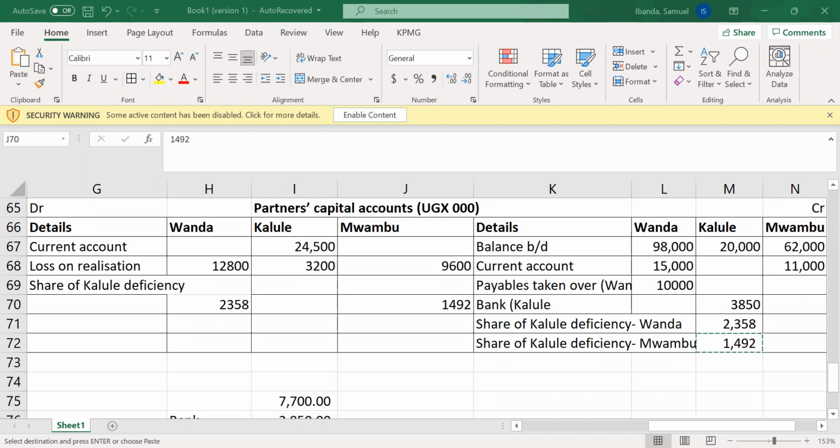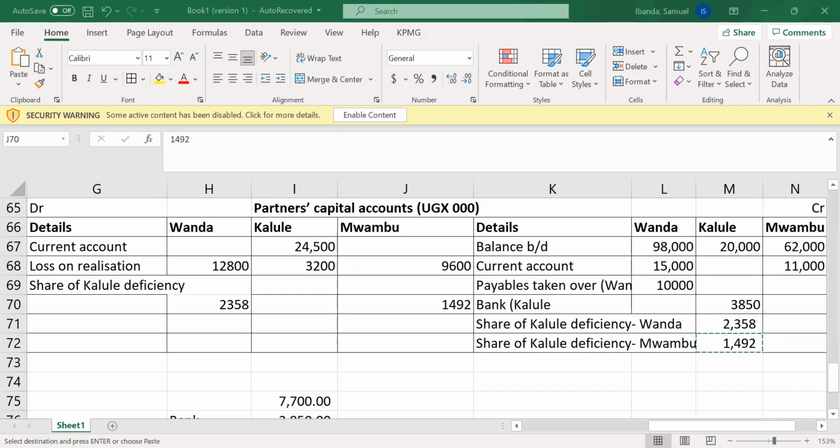When it comes to these steps, I usually want to encourage you to read through that handout that I've shared, because it has the steps that can help you on what to do exactly. Now, we balance off the capital account, and any partner that has a balance pays it through the bank account. Here we have seen Karule do that. And then we close off our bank account as well.